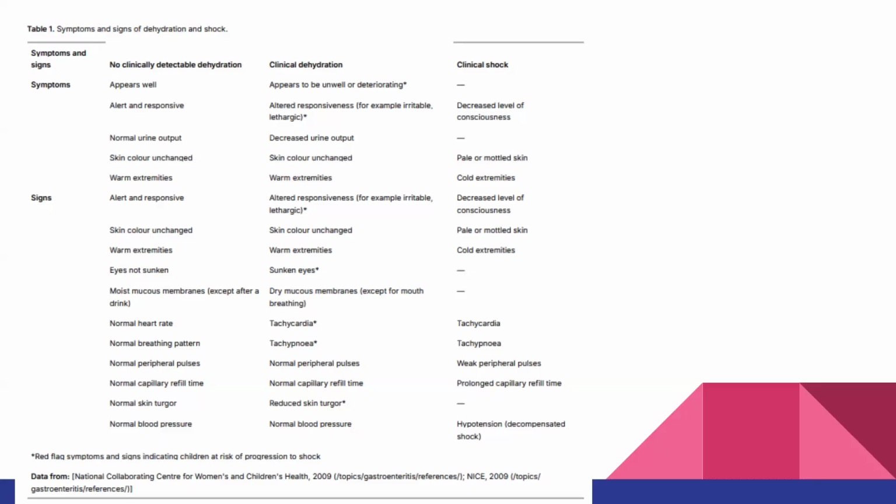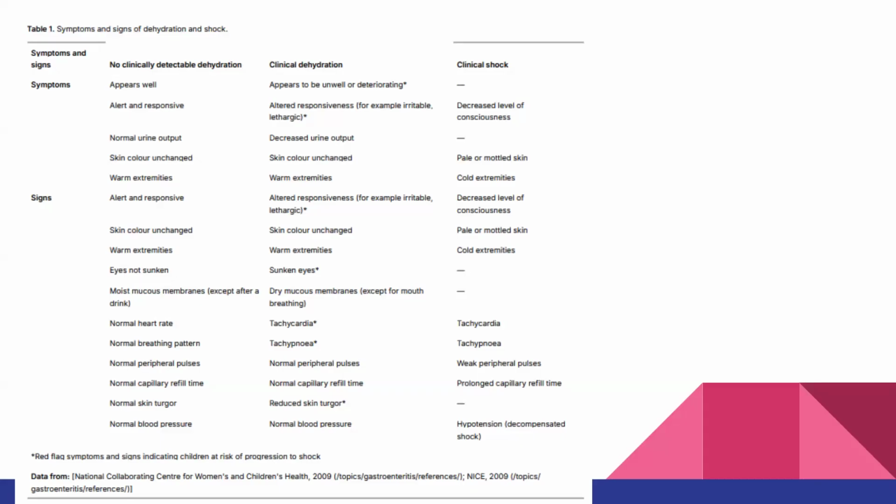So often you'll see children being given, or their parents or carers being given a syringe, and they're told give 5 mils of fluid every 5 minutes or something like that. Essentially to test if the child can tolerate fluids and stay hydrated before you send them home. So that would be, maybe they're well, or maybe they're just saying that urine output's decreased, and they're looking slightly dry, that you would want to do that.